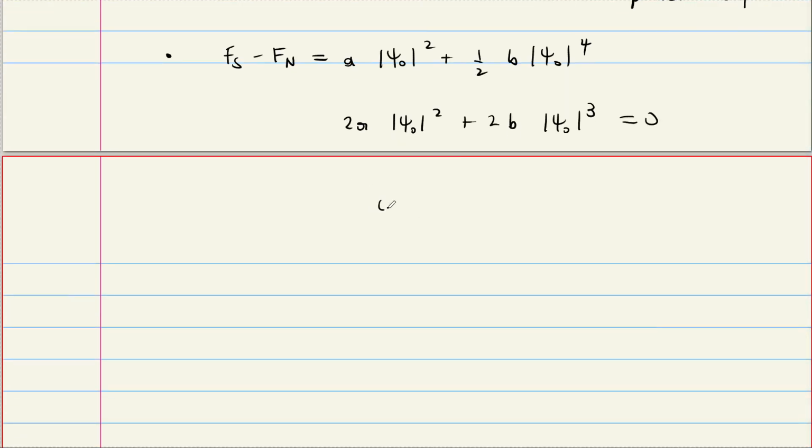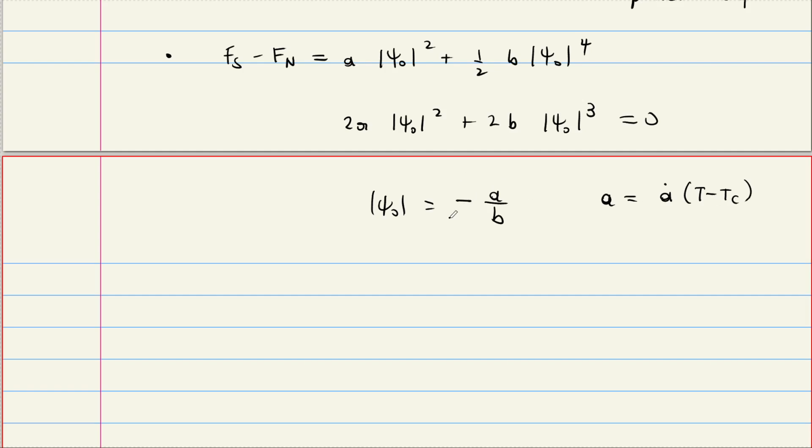Then psi 0 squared was found to be minus A over B. And from here we said A should be something like A dot (T minus Tc), so that when T is less than Tc, A is negative, minus A is positive, and we have a positive norm order parameter as we should have. Whereas when T is bigger than Tc, this is 0, right?